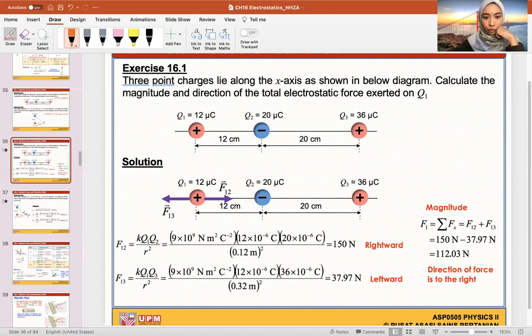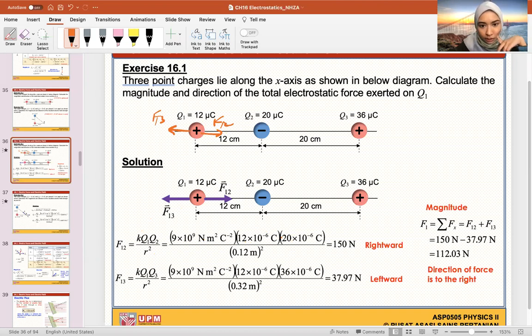So Q1 has two forces. One is from Q2, one is from Q3. Q3 will repel, so this is F13. This is F12, attracted. F12 is KQQ over R squared. F12 is 9, 12, micro 20.